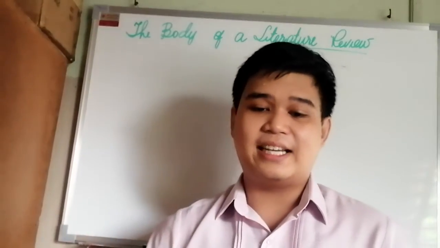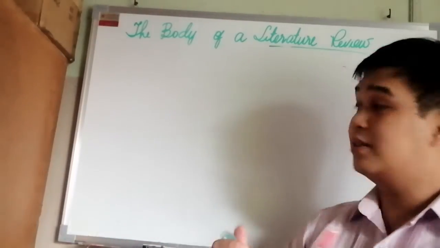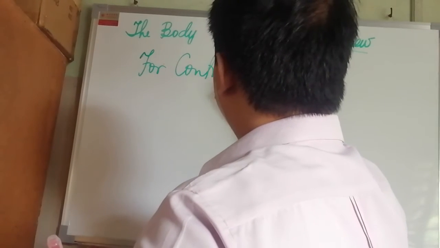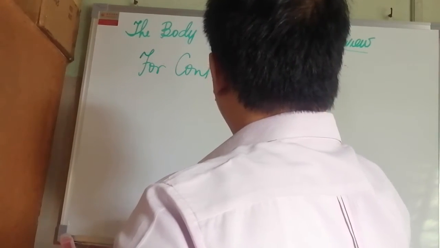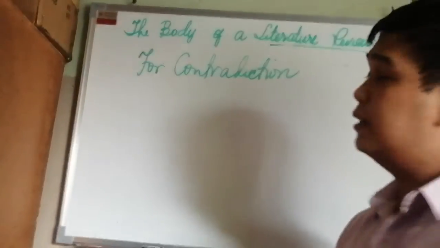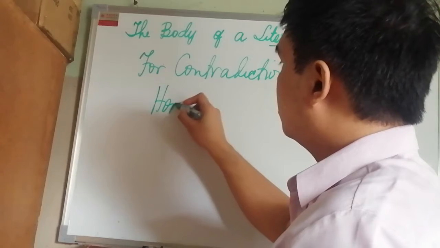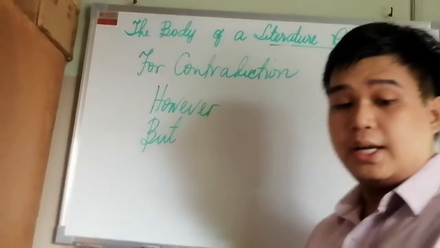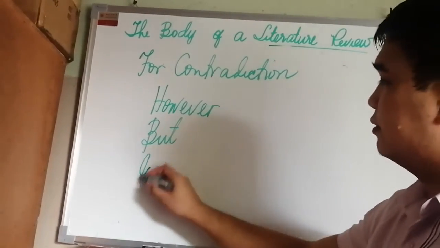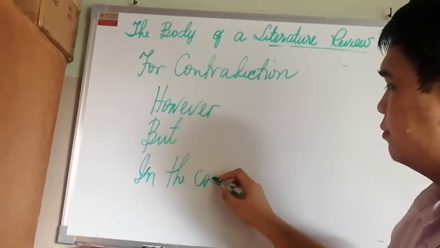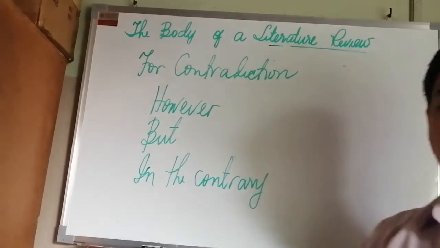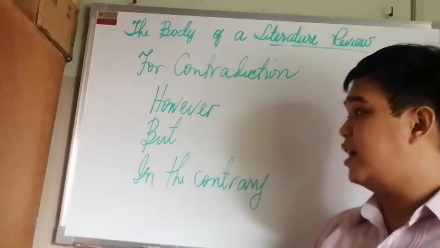So yan, on the other hand, meron din tayo mga transitional device na however, yung mga for contradiction. Halimbawa, however, pwede rin yung but. Okay? In the contrary, pwede in contrast. Okay? On the other hand, correct.